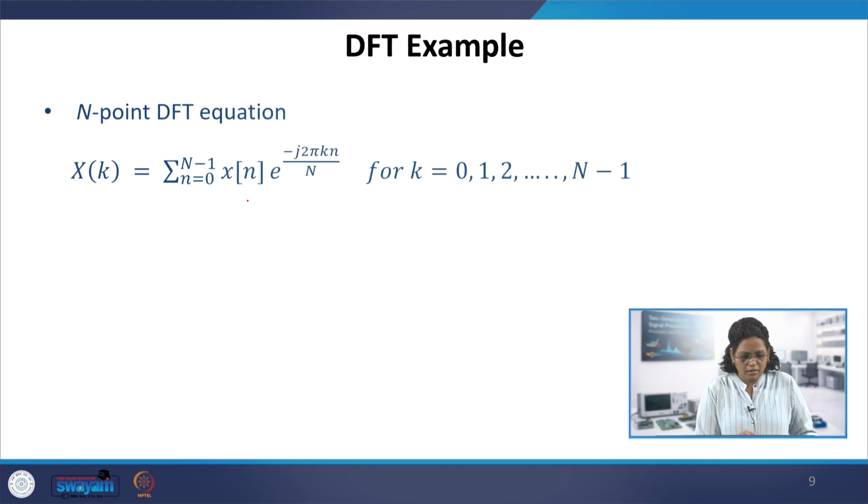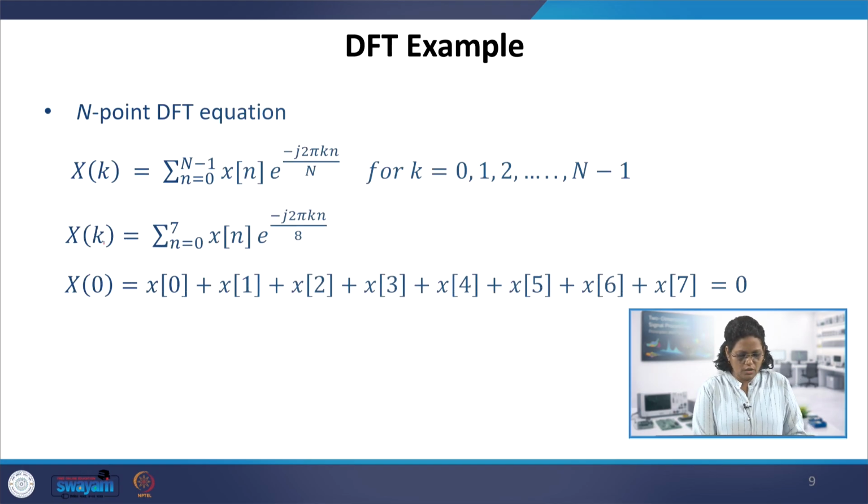Now applying the DFT equation for k equal to 0, we put k equal to 0 and get the expression here. The exponential term would be 1, and you get the summation only over samples 0 to 7. If you add over 0 to 7, this is going to be 0. So x of 0 is 0.